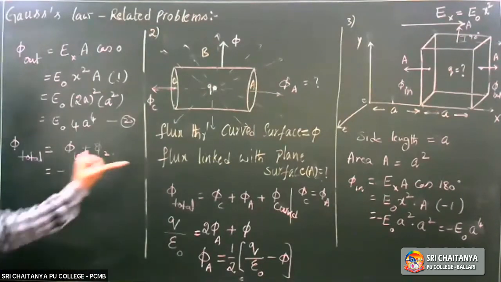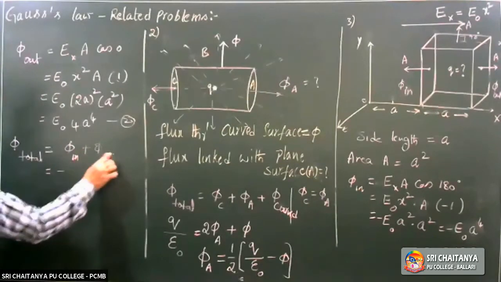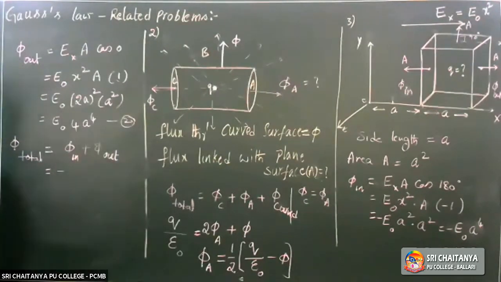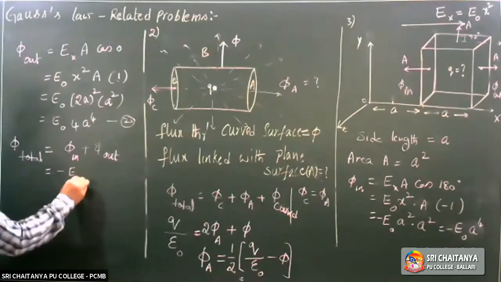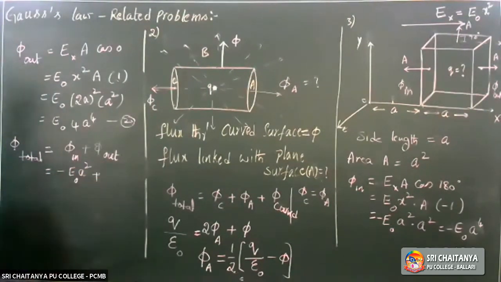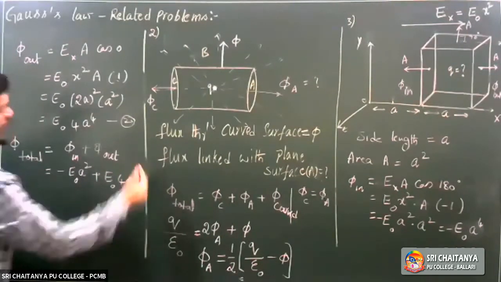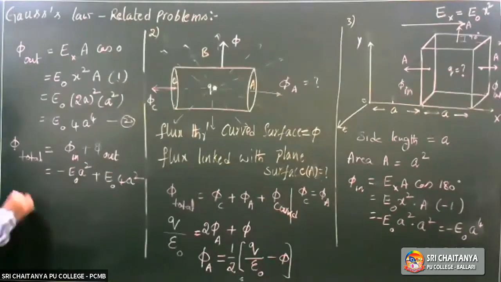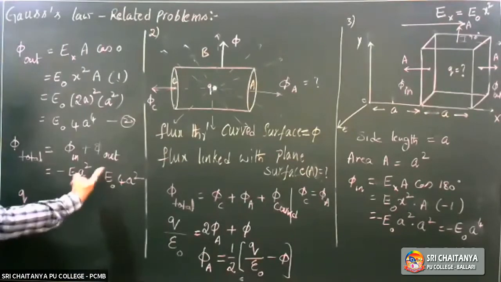I can write phi in plus phi out: minus E naught a square plus E naught 4a square, right? What is the phi total formula? If Q is the charge inside, Q by epsilon naught. What is common?